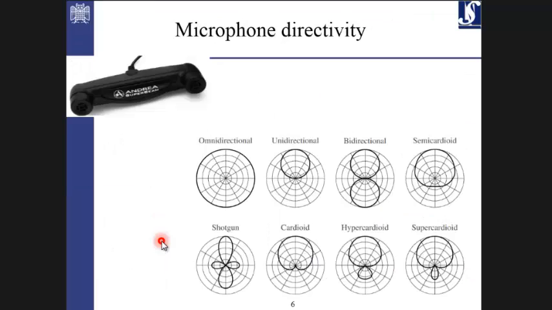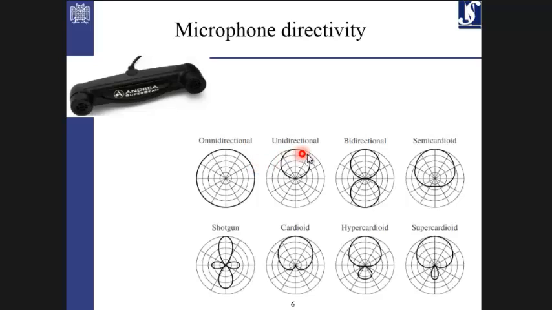In industry, we also have different types of microphones. Not all microphones are omnidirectional, grabbing everything from all directions. That's just one type of microphone, called omnidirectional. It means this kind of microphone has the same gain for all directions, no matter from which direction the source is coming.